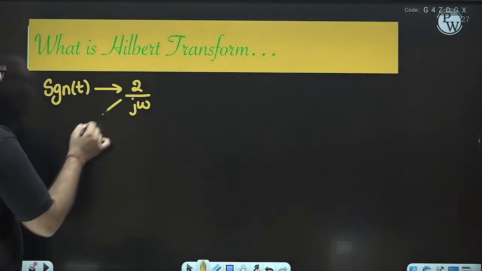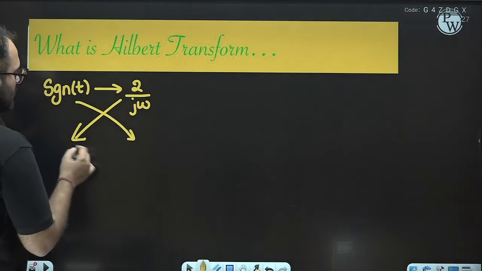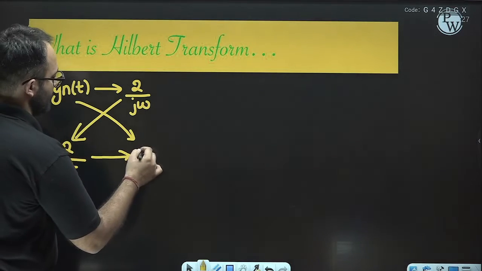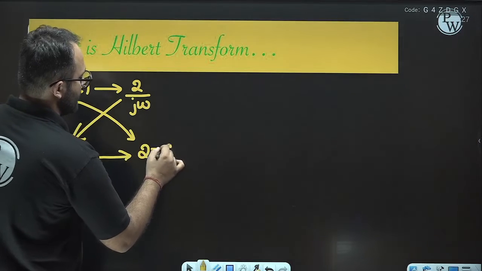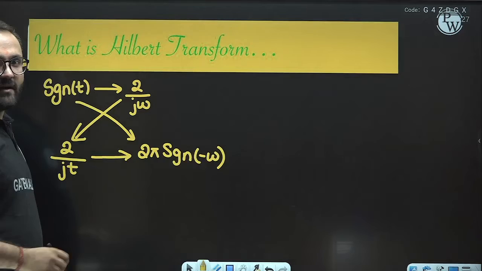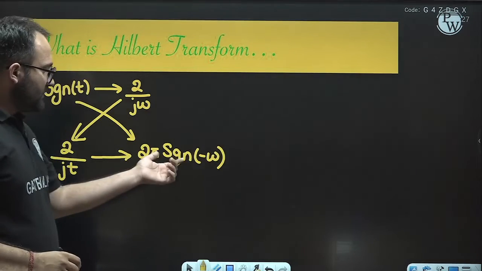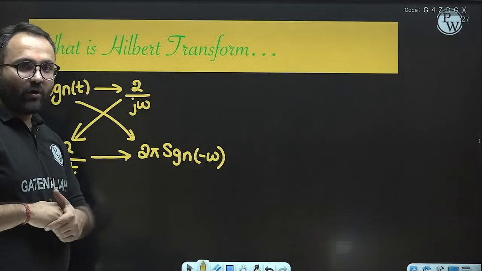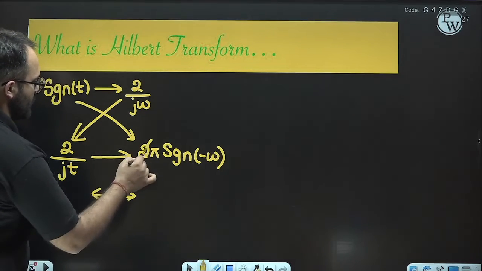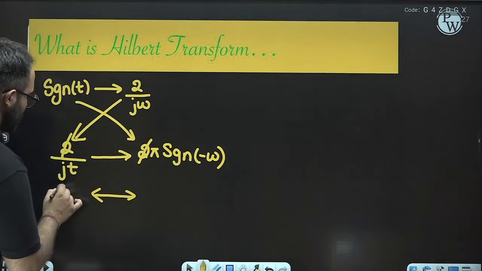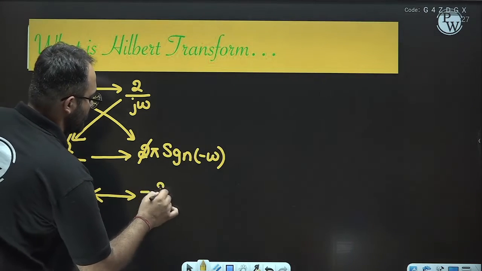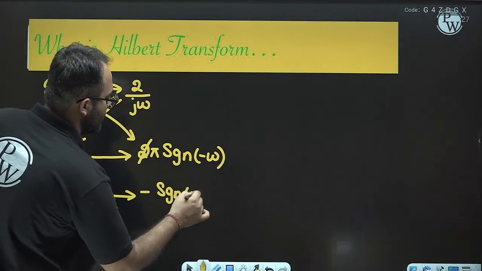Now apply the duality. So it is 2 upon jt, with Fourier transform 2 pi signum minus omega. Now signum is an odd function, so this minus sign will come outside, 2 and 2 will cancel, pi will go down, so 1 upon j pi t will have minus signum omega as a Fourier transform.